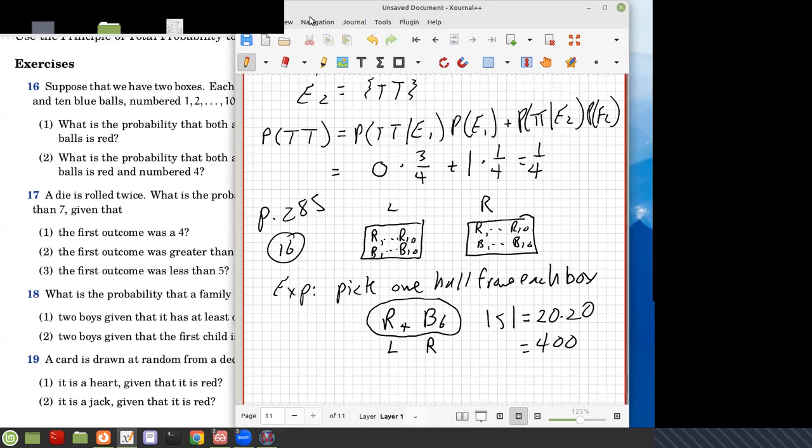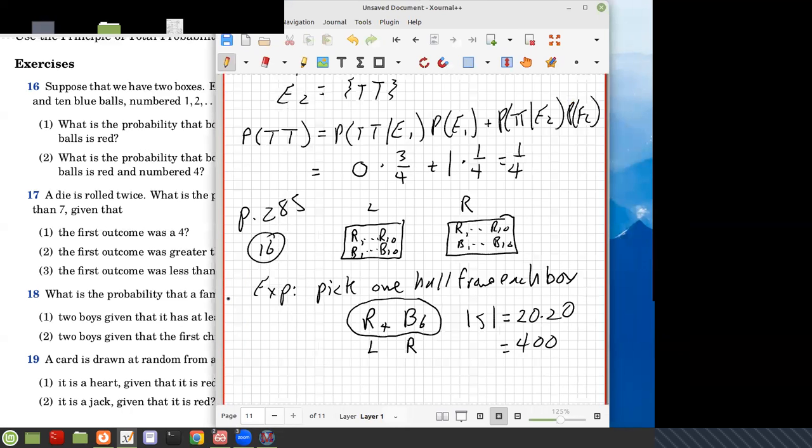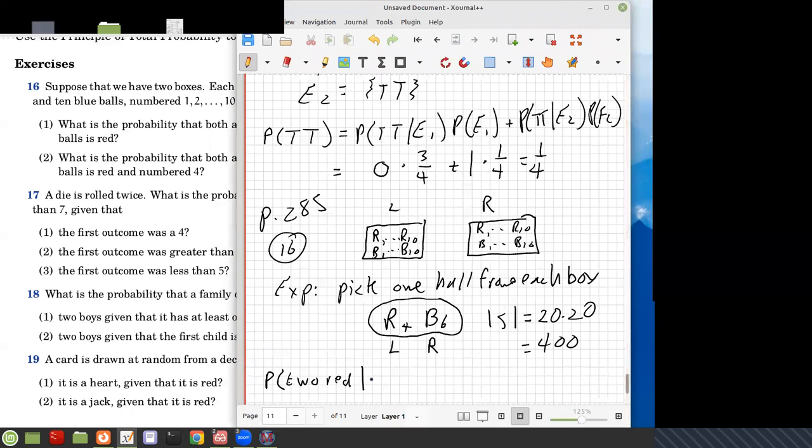Now, the problem is, what's the probability that both are red given at least one of the two balls is red? Okay, so this is the probability of 2 red given that at least one ball is red.